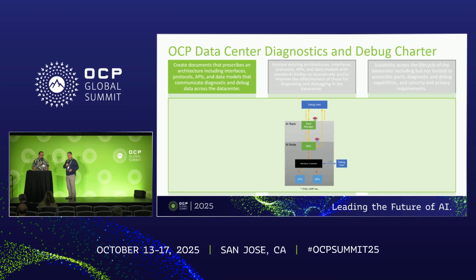The first one is about standardization. We're looking at different protocols, architectures, interfaces, and APIs, what I call containers and pipes for that data. We're trying to look at how you transfer the information, not necessarily what is being transferred; that's some of the value add from each of the vendors.